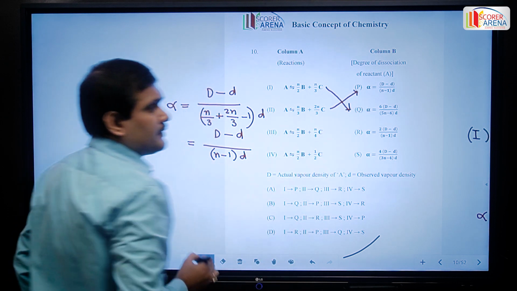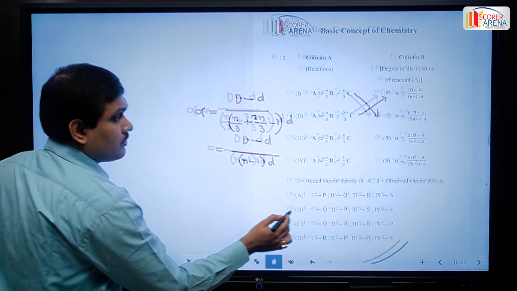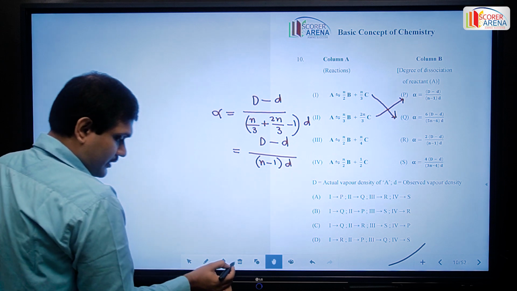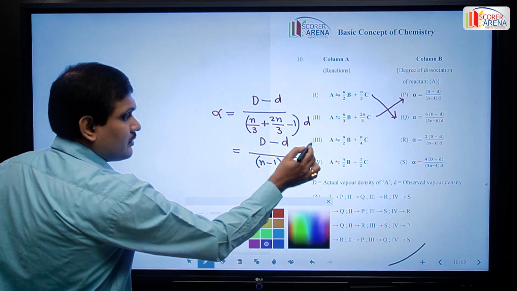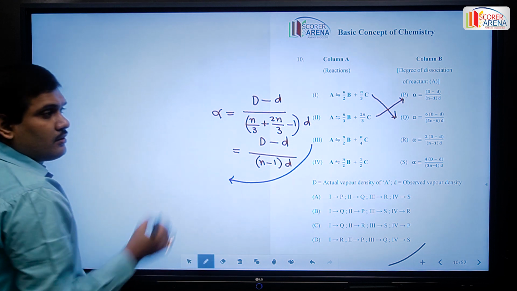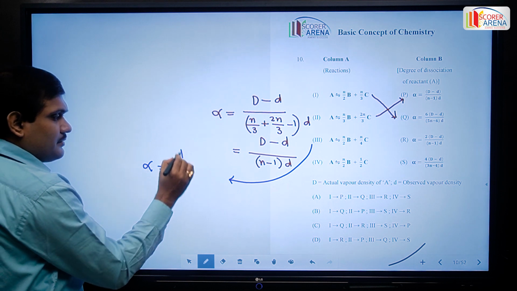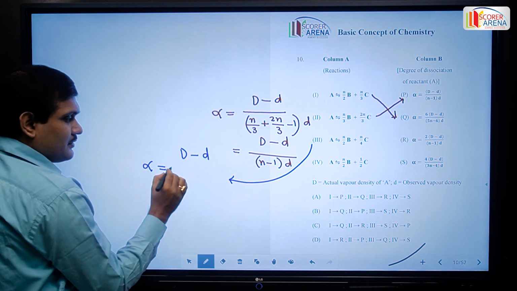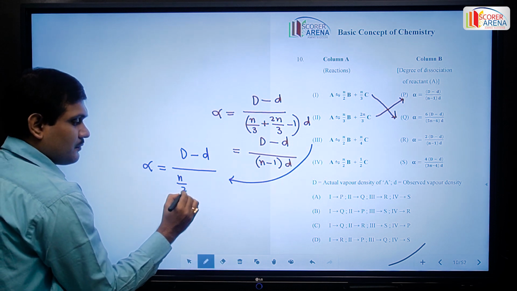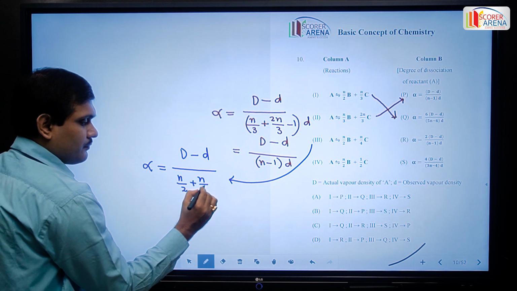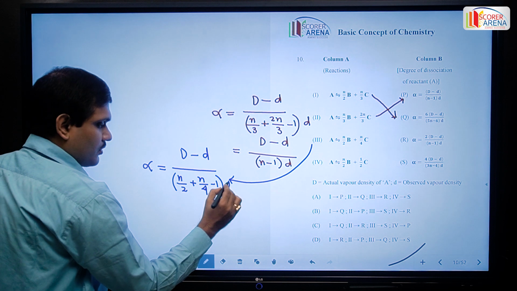For the same way, you can also find out in case of 3. For 3, alpha is equal to D minus d divided by (n by 2 plus n by 4 minus 1) into small d.